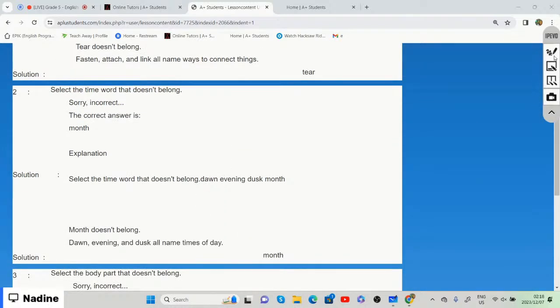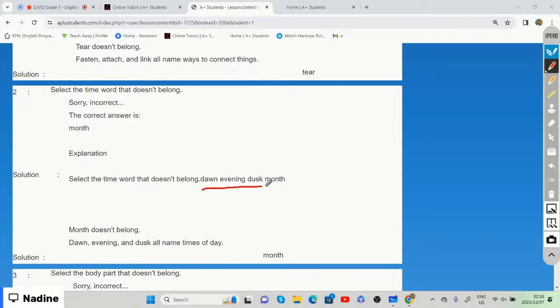All right, we are at the next one. We have dawn, evening, dusk, and month. So we have dawn, we have evening, we have dusk, and we have morning. So we have dawn, evening, dusk, and we have not even morning, we have month.